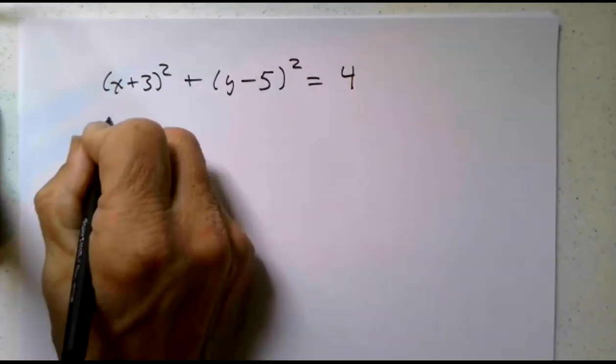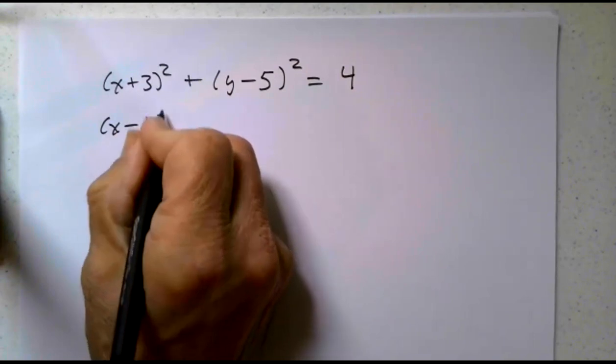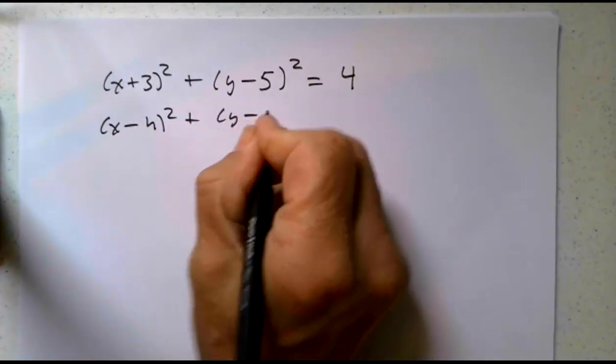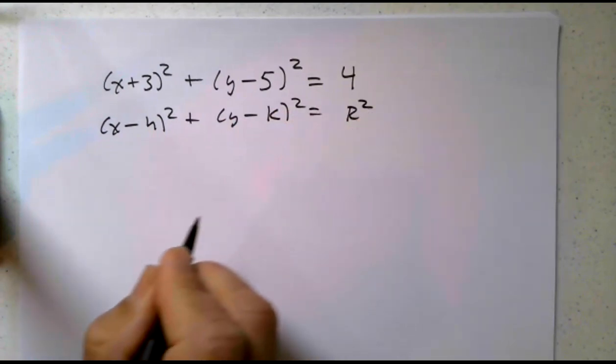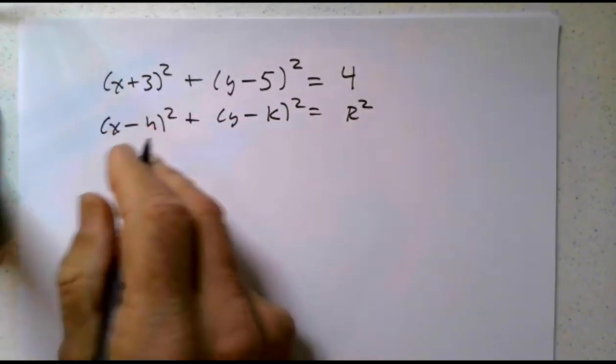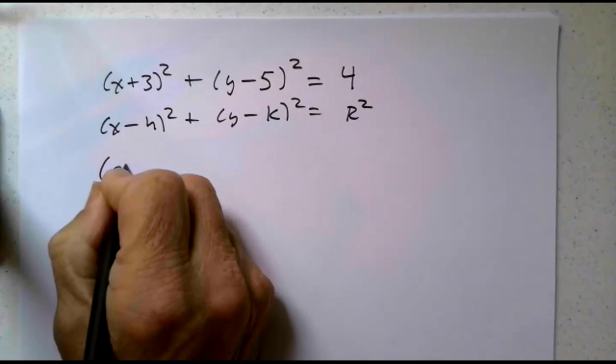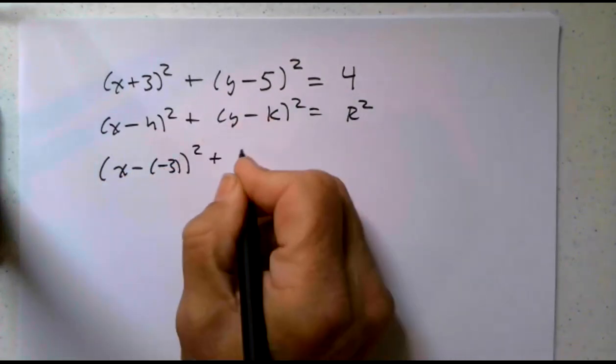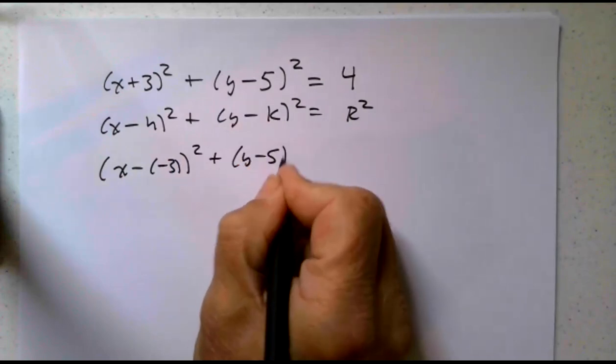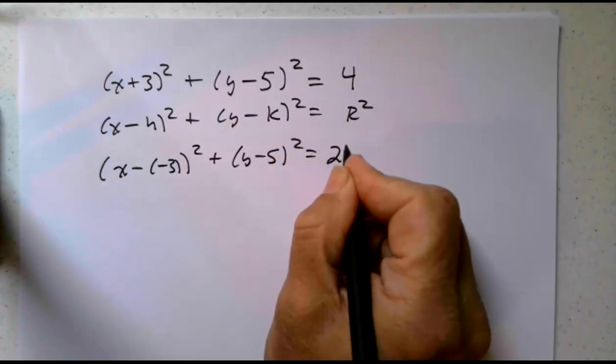Our formula again was x minus h squared plus y minus k squared equals r squared. Can we rewrite the original question in this form? X plus 3 is the same as x minus negative 3 squared. Y minus 5, I don't have to change. And 4 is 2 squared.